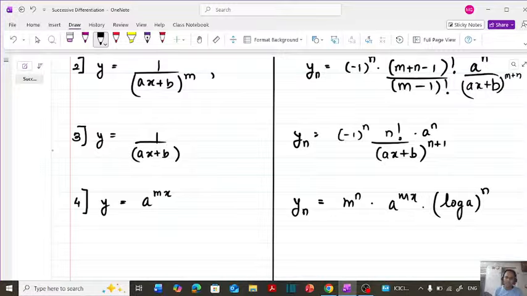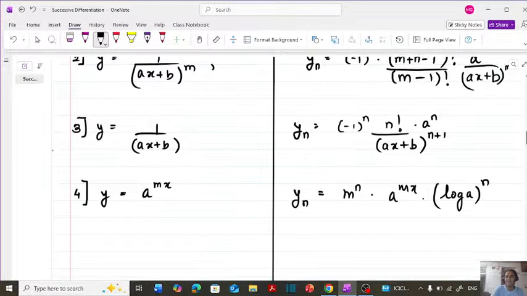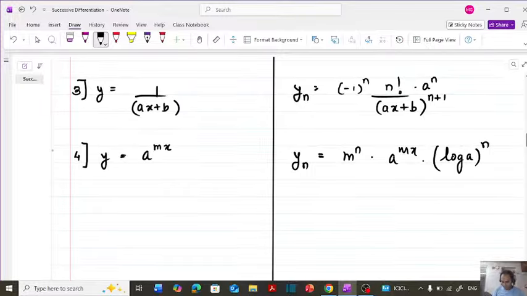These are the general versions. That means if you go on taking the derivative again and again of the same function, what is the general output? That's what they mean to tell you over here.